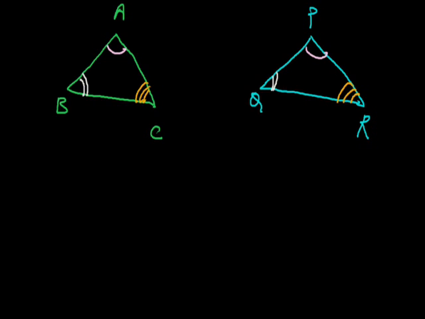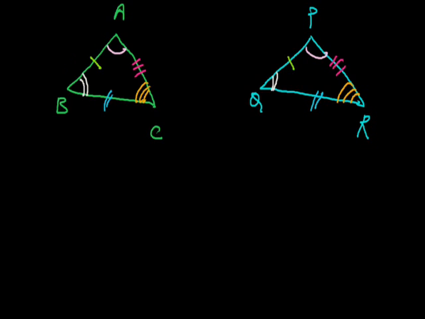Also, with this condition, side AB must be equal to side PQ, side BC must be equal to side QR, and side AC must be equal to side PR. Then only we can say that these two triangles are congruent.